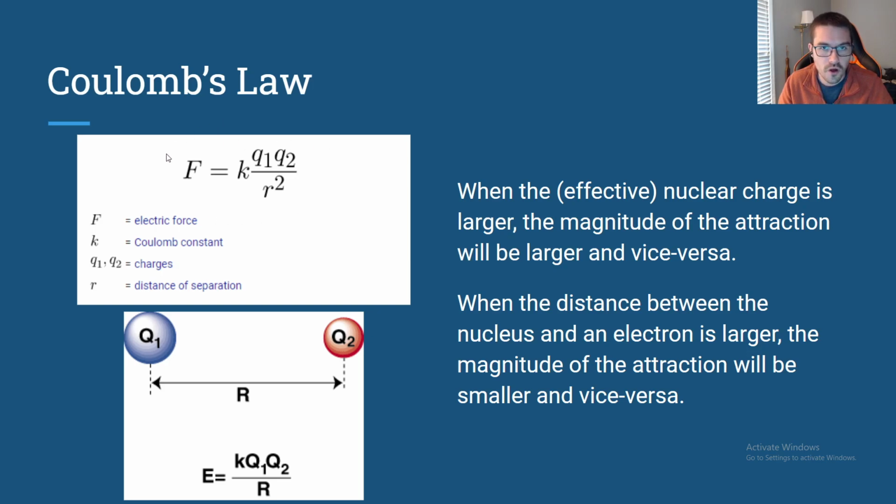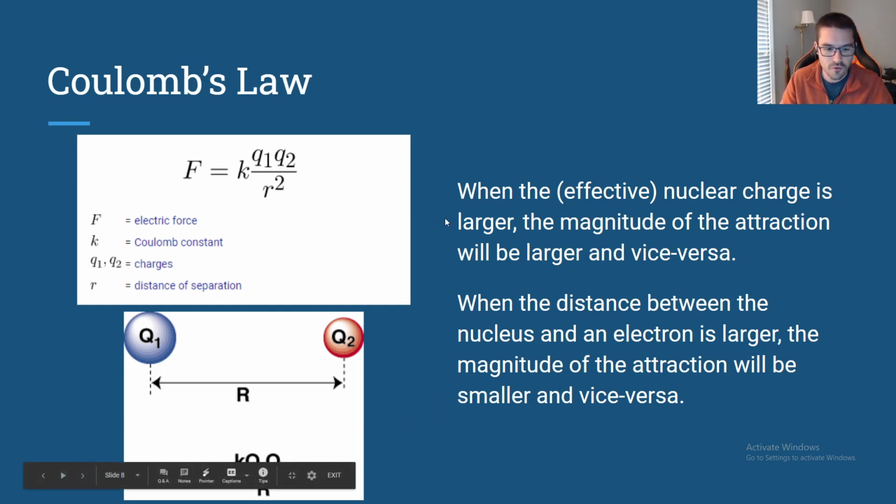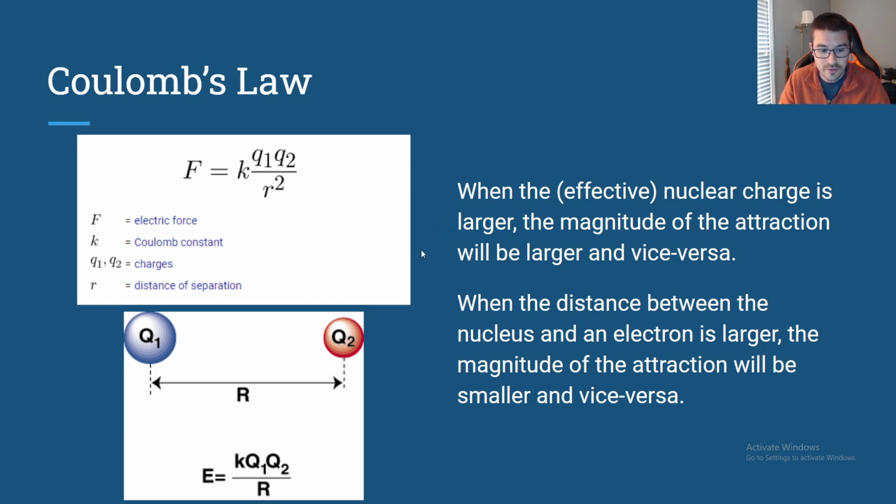So here's Coulomb's law. We're not really going to have to use the equation in terms of plugging in numbers, at least not right now. But we do need to understand what this tells us about how forces interact. Actually, the equation at the bottom of the screen is the equation for the energy between two charged particles.